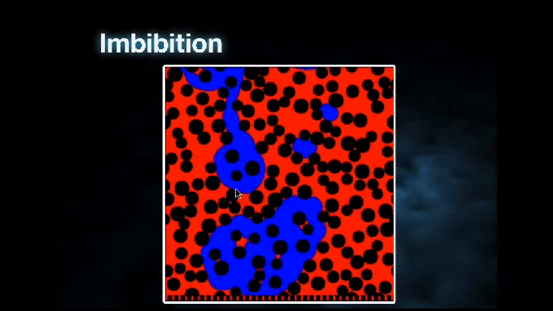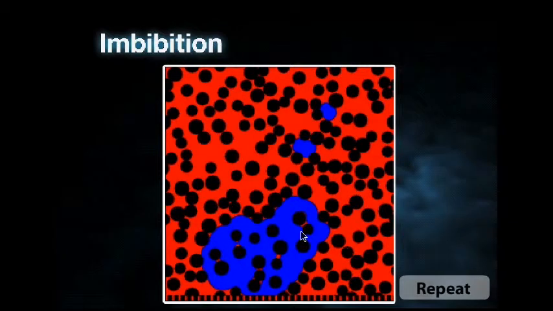Oops, it broke up and it moved and it left behind this huge blob of residual phase and these two smaller ones, you see?